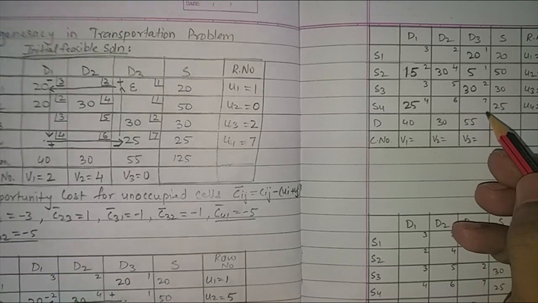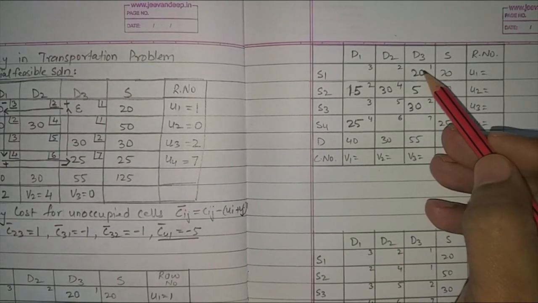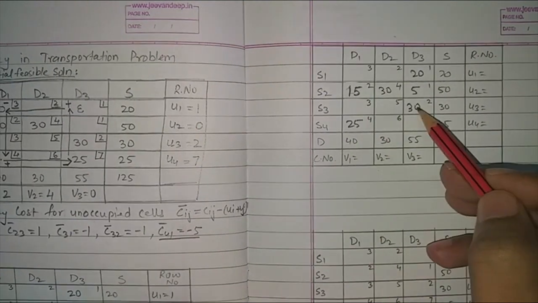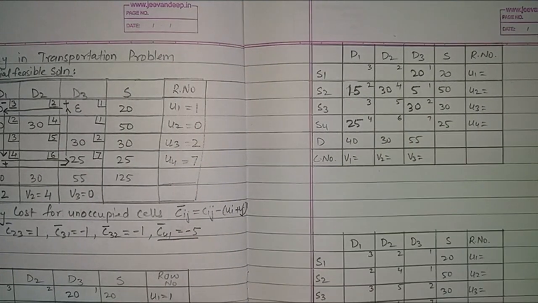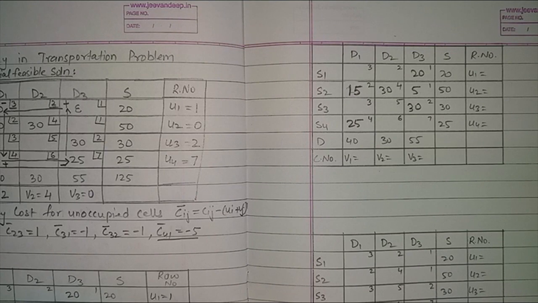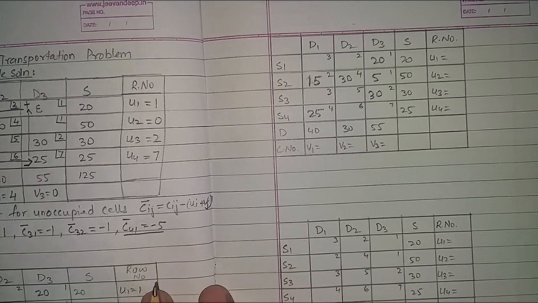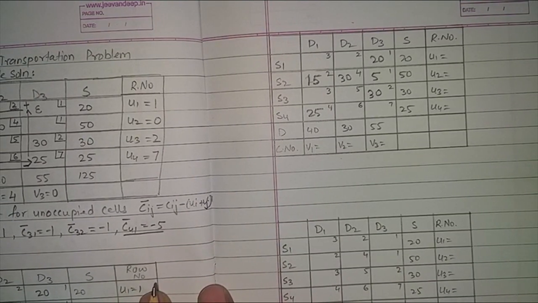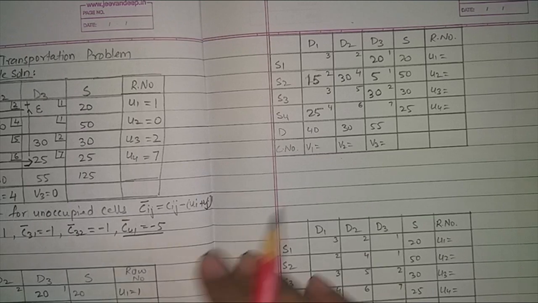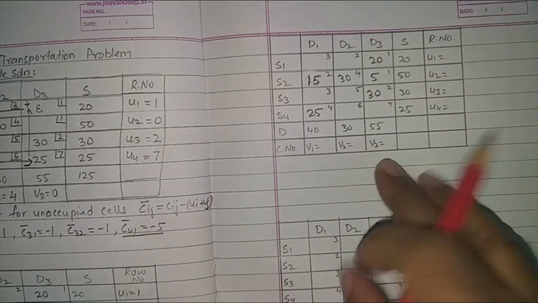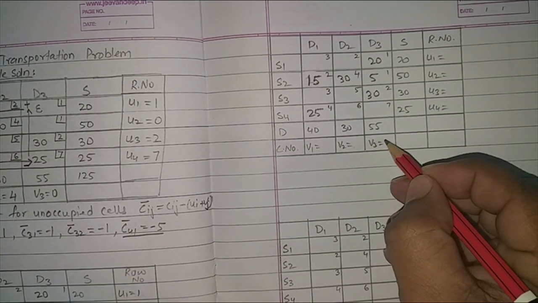Okay, count the number of allocated cells. We have 1 2 3 4 5 and 6, which is equal to m plus n minus 1. So it is a feasible solution. Okay, repeat the steps to find the values of u's and v's. So assign a 0 to V3 now.